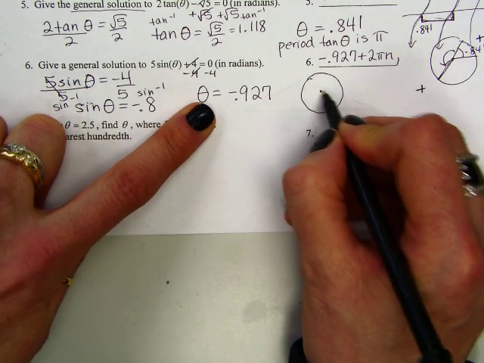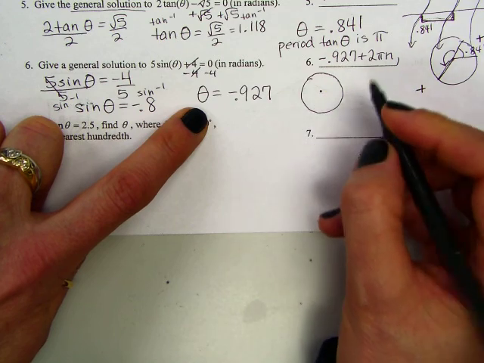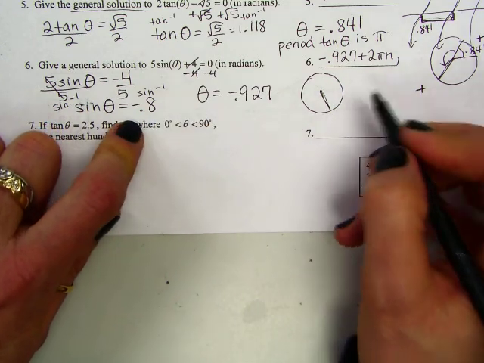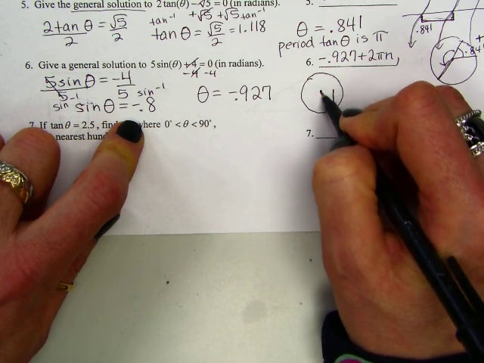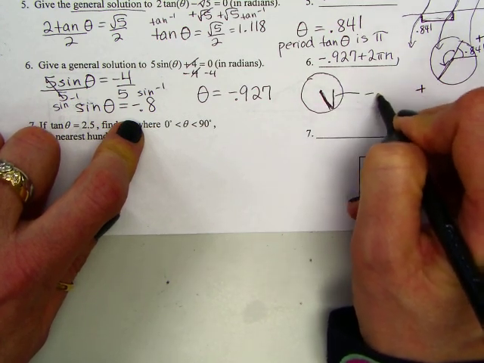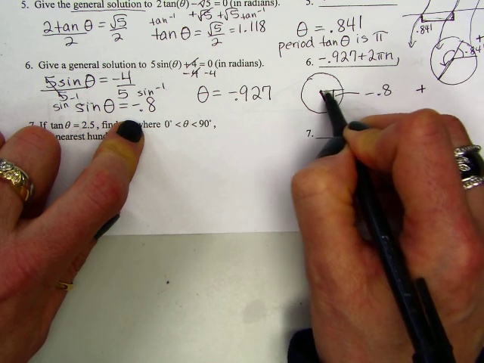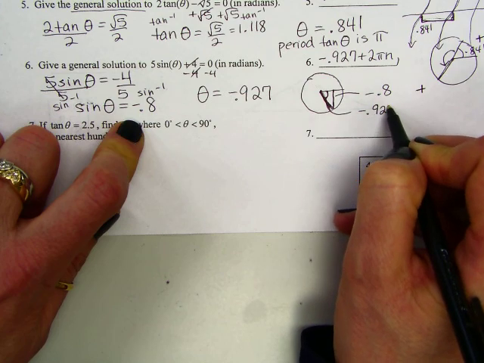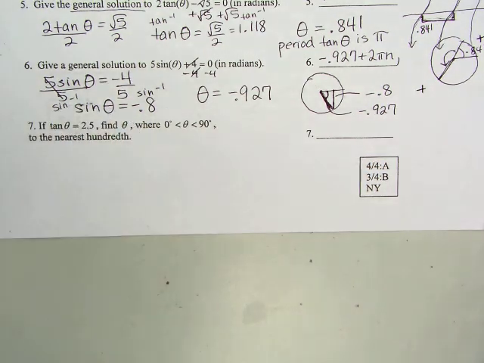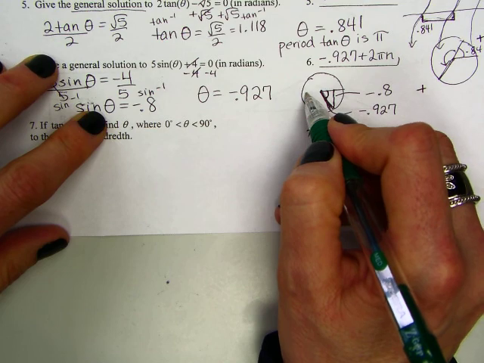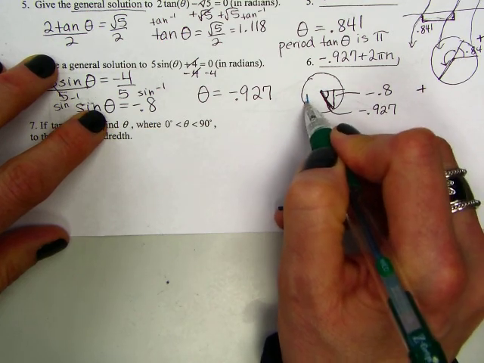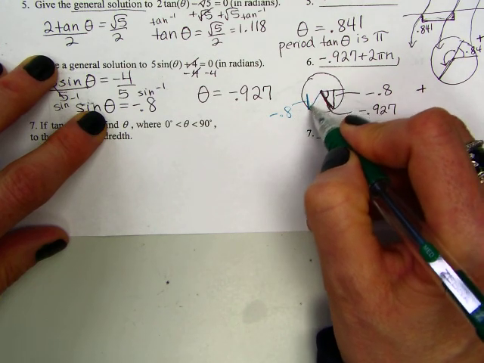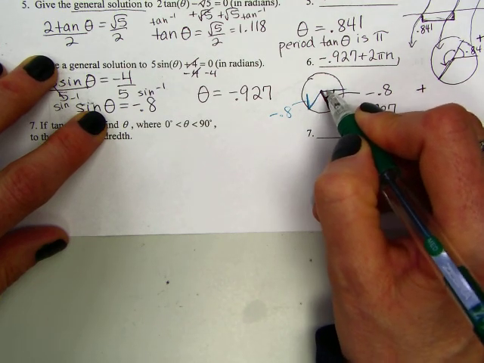Okay? So here is my angle, -0.927. We'll say it looks like this. Because my sine was -0.8. Whoops. So this is my -0.8. And then this is my negative angle, -0.927. But over here, I also have a -0.8 sine. So now I've got to come up with, what do I name the green angle?